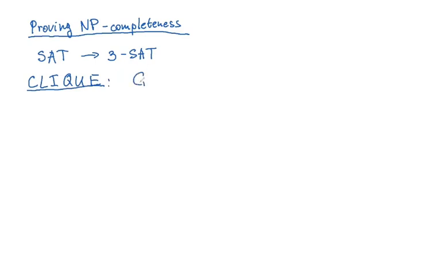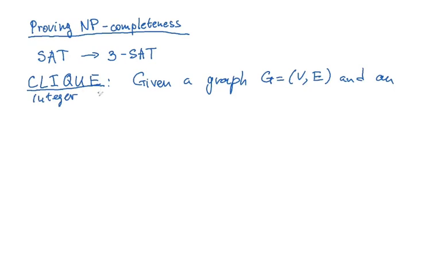So in this case, given a graph, let's denote it by G with the set of vertices V and the set of edges E as usual, and an integer k, the question that we need to address is, does there exist a clique of cardinality at least k in the graph?